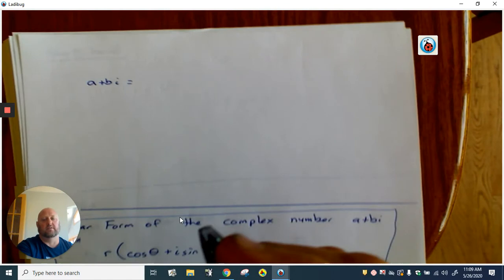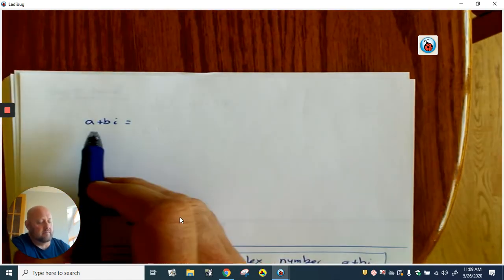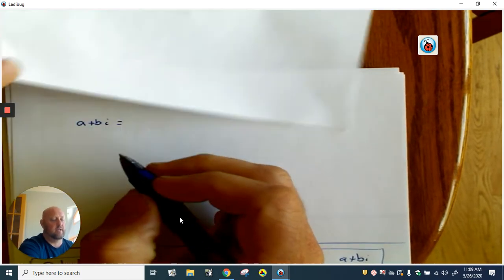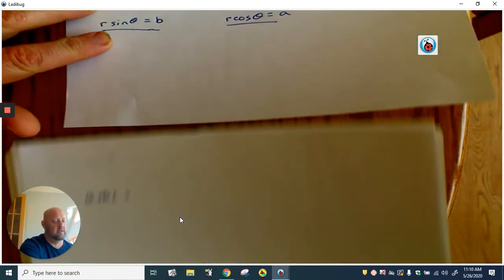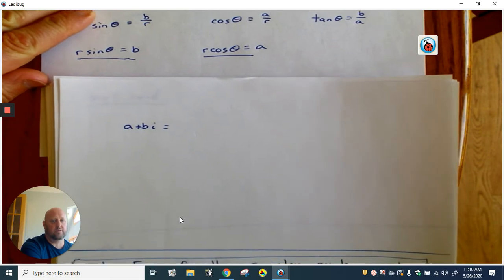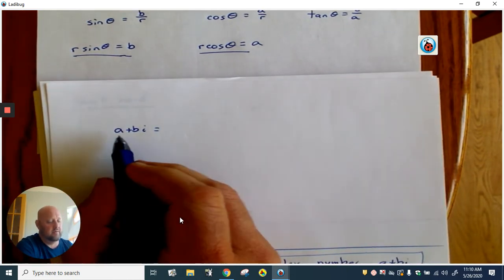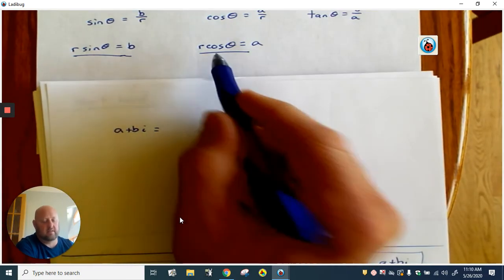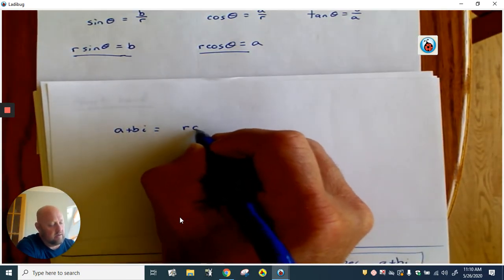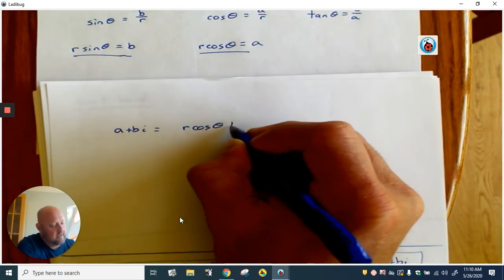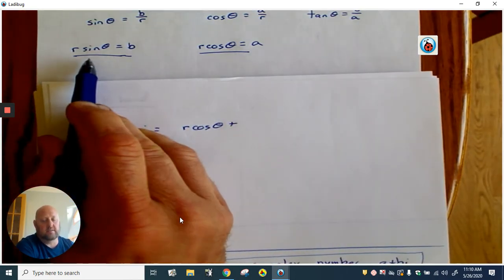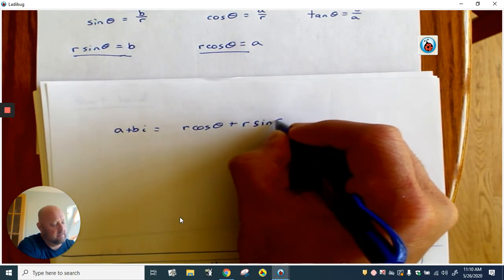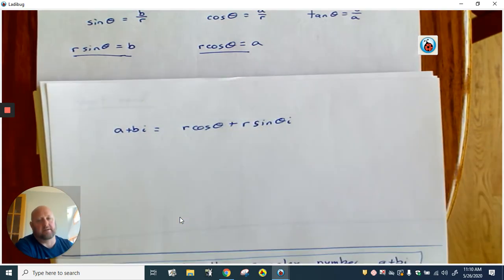So basically what we can do is take this imaginary number, a plus bi, and because we have our rules here, we can say this a plus bi, well, that a is nothing more than r cosine, and then the b is nothing more than r sine, times i.